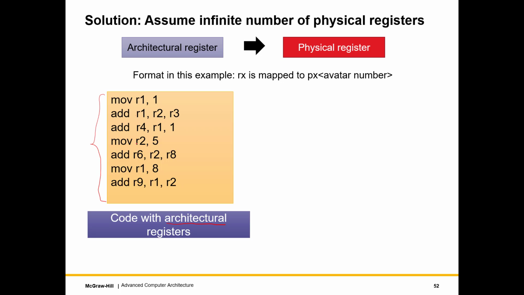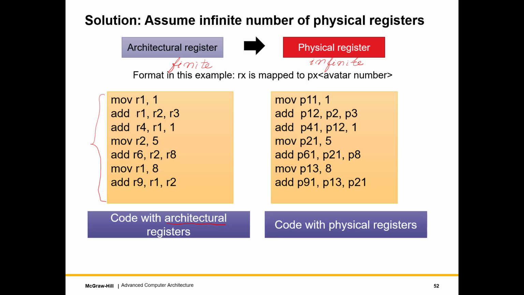Now let us assume that we have an infinite number of internal registers, which are called physical registers. Of course, in practice they are not infinite, but for the time being let us assume so, as it will make our life very easy. So we have a finite number of architectural registers, and an infinite number of physical registers.